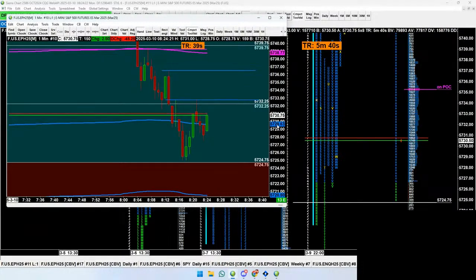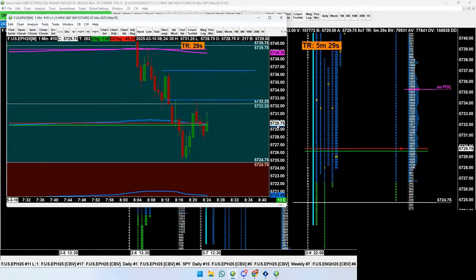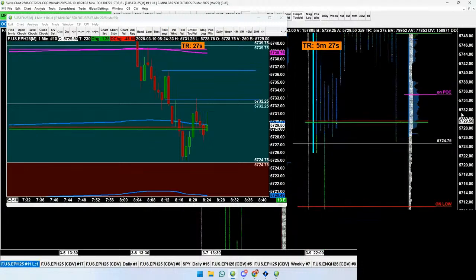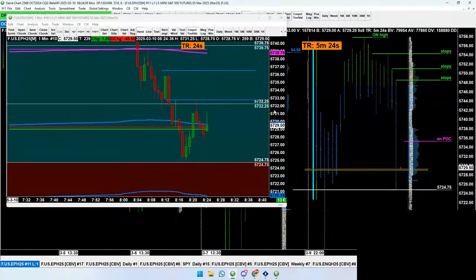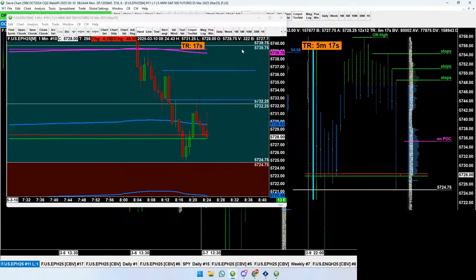Found some bids at 28. Let's see if we can rotate up to 32 1/4. So the whole thing is, folks, now we're back in this discount zone. When the next period opens in 5 minutes, that's why I always have a counter here too, to help me manage my expectations.